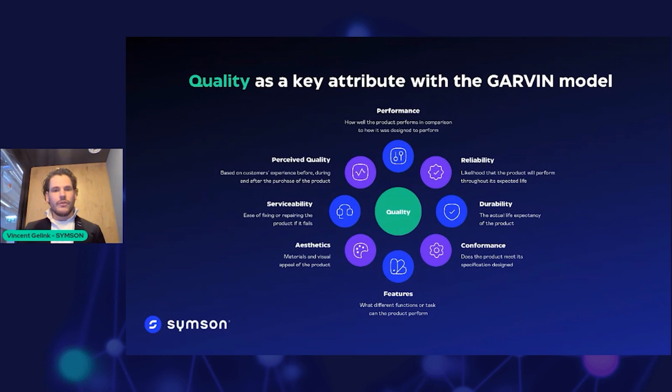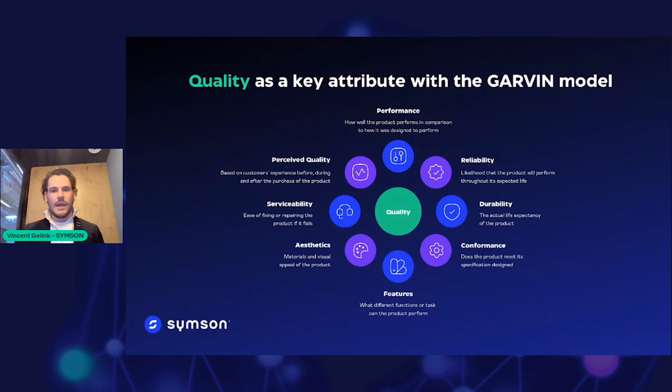So as said, one of the models that we wanted to discuss is based on quality. In the quality assessment of products, we can make use of a Garvin model. The Garvin model, as shown here, uses 8 different elements that we can assign to a product.